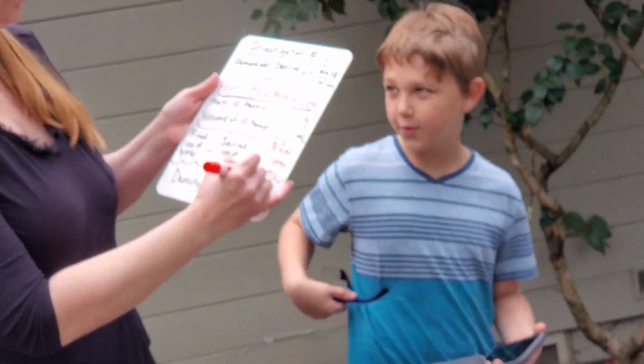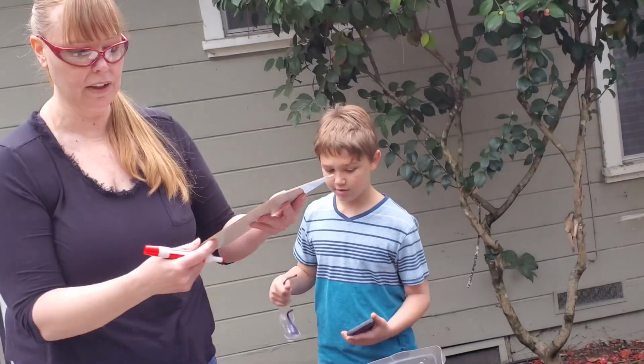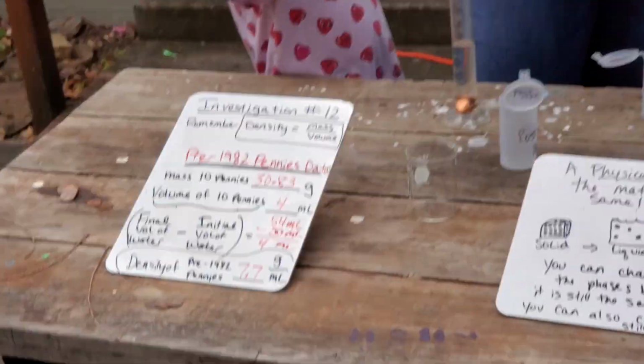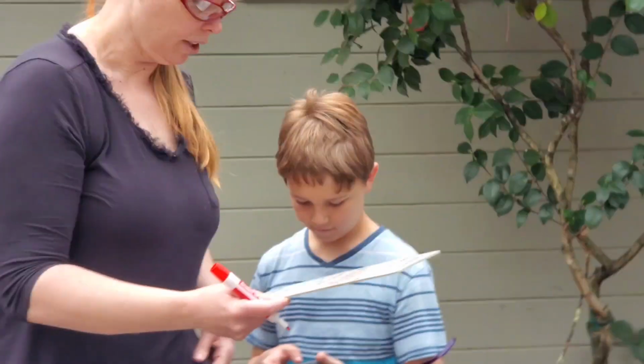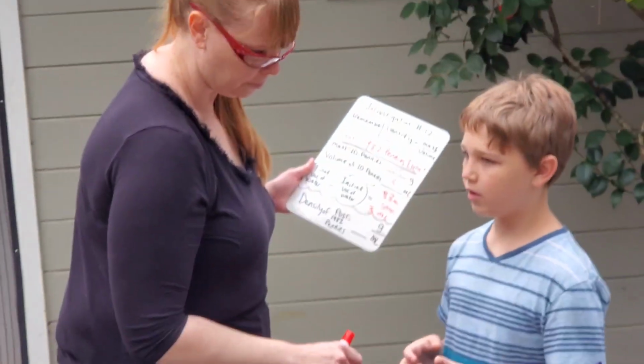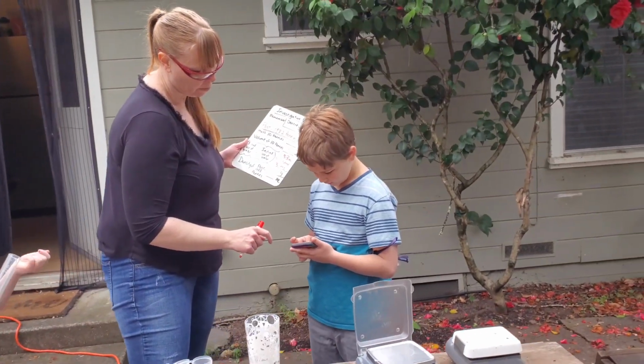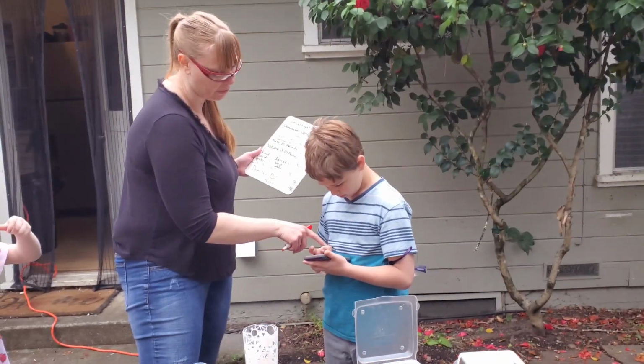So 53 milliliters minus 50 is 3. So what's 25 divided by 3? That will be the density of the pennies. 25 divided by 3. Not times 3, divided by.